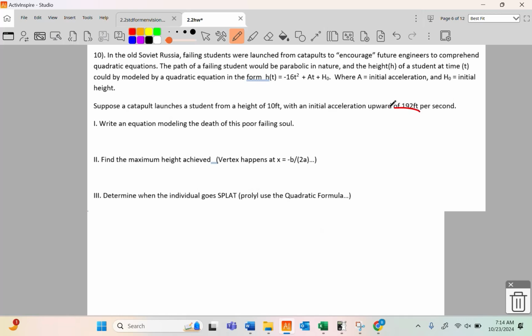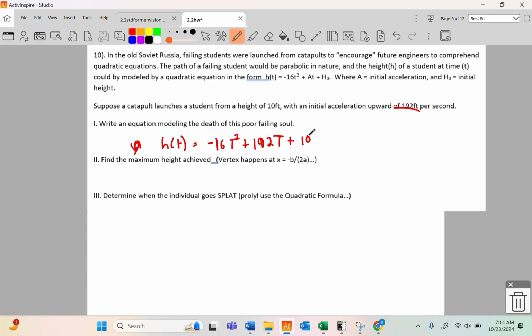This guy has an initial velocity of 192 feet per second. I called it y. Height as a function of time is negative 16t squared plus 192t plus the initial height of 10. Find the maximum height achieved. That happens at the vertex.